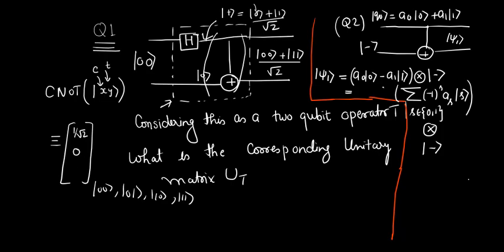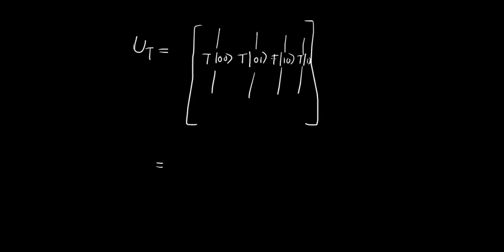Similarly, if you go through all of 00, 01, 10, 11, we will get the corresponding column. So this column would become 1 by root 2, 0, 0 and 1 by root 2. If you pass 01, I think it will be 1 by root 2.